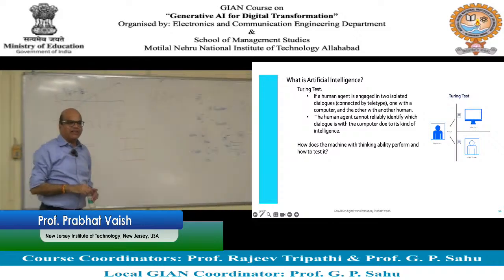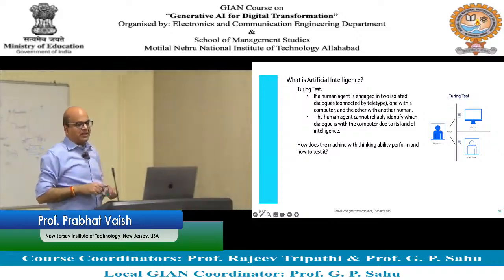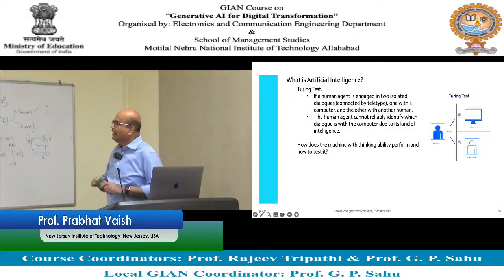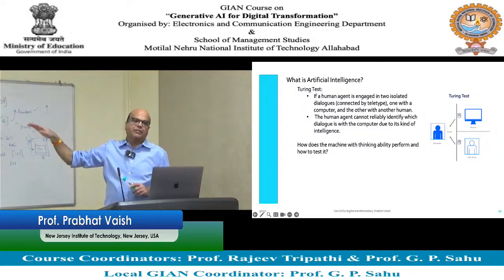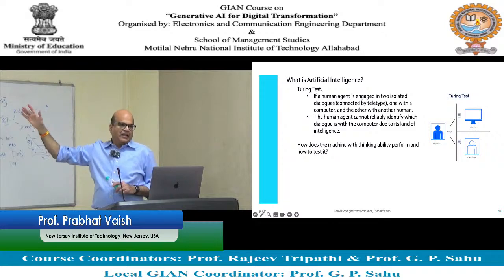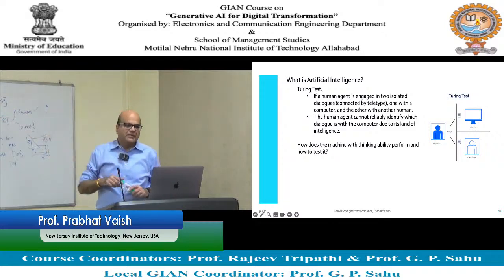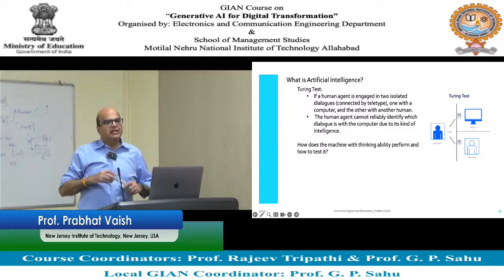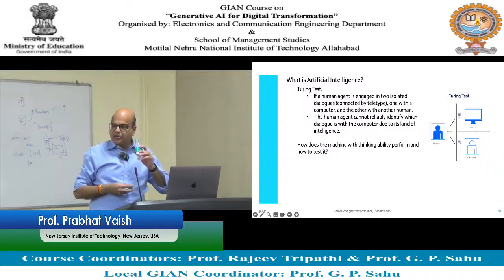It's a very obvious thing to say, but that's what the Turing test is. If a human agent cannot reliably identify which one is machine and which one is human, it still holds true. People still assume that this is what an intelligent machine is or should be able to do.